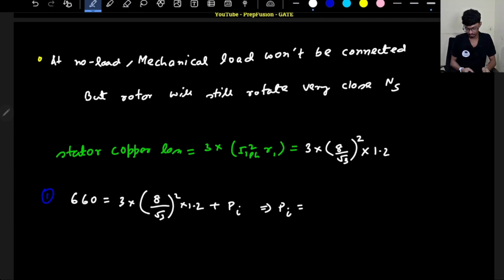So from here I can find out the iron losses. This value will be, 3 will get cancelled, 64 into 1.2 subtracted from 660. Sorry, friction and windage loss is also there, that is 420, I guess. That I missed out.